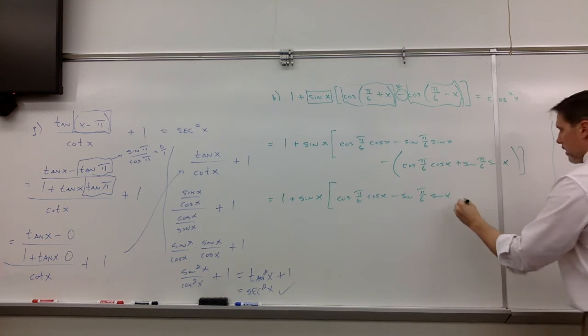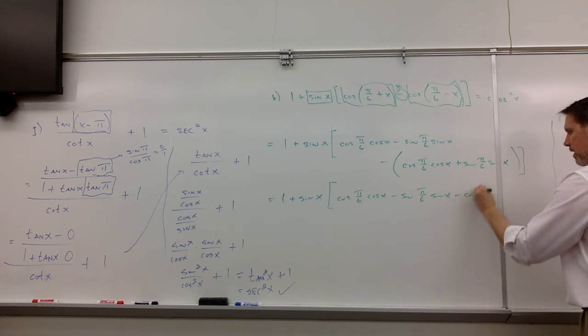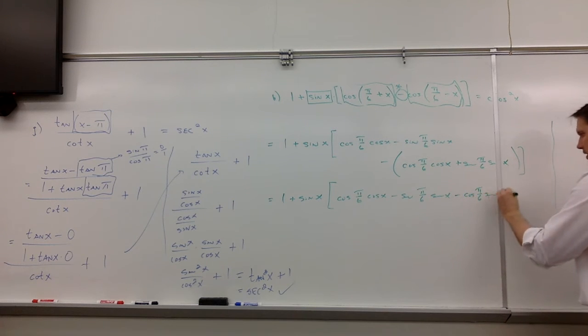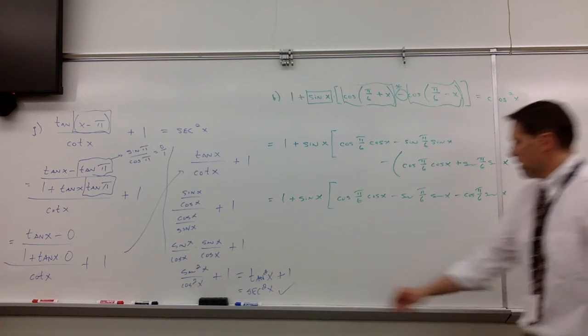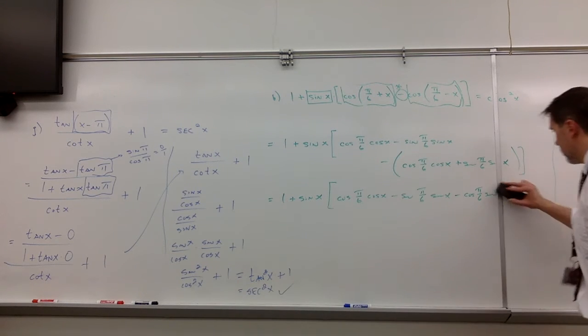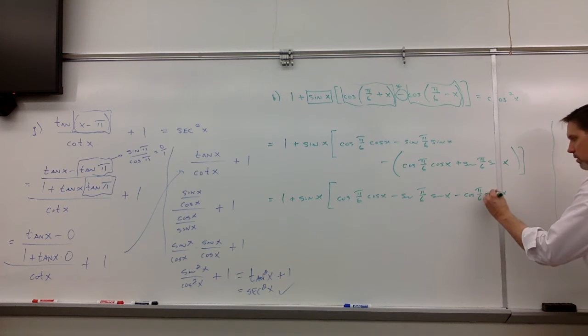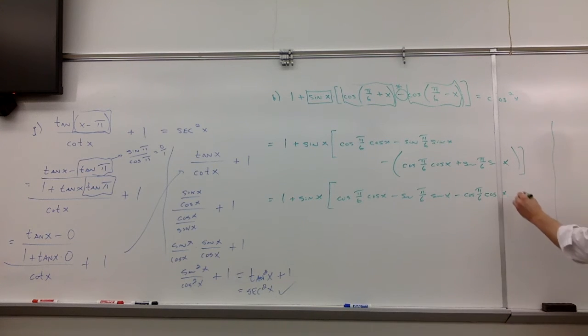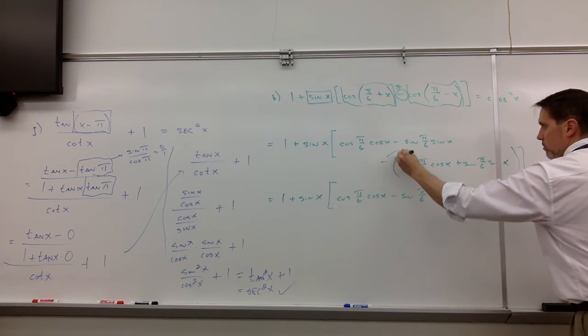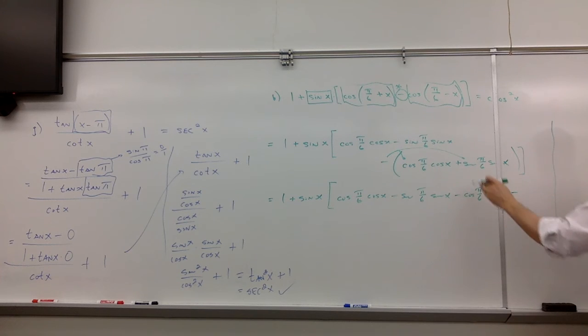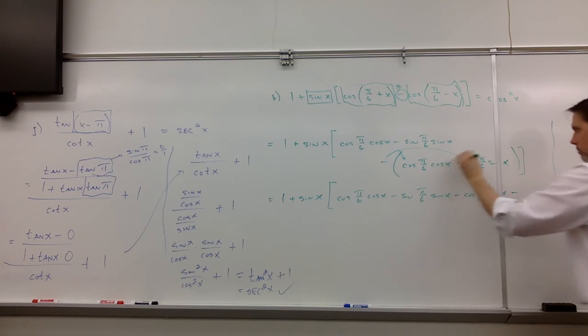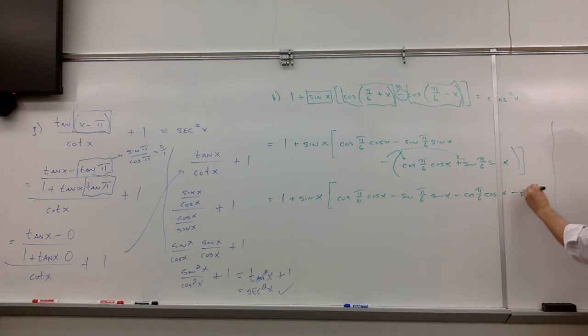And then distributing the negative would give you negative cosine pi 6 sine x. Nope, cosine x. Careful. Minus. All I'm doing is distributing this negative through. If I can line it up. There we go. Sine pi 6 sine x.